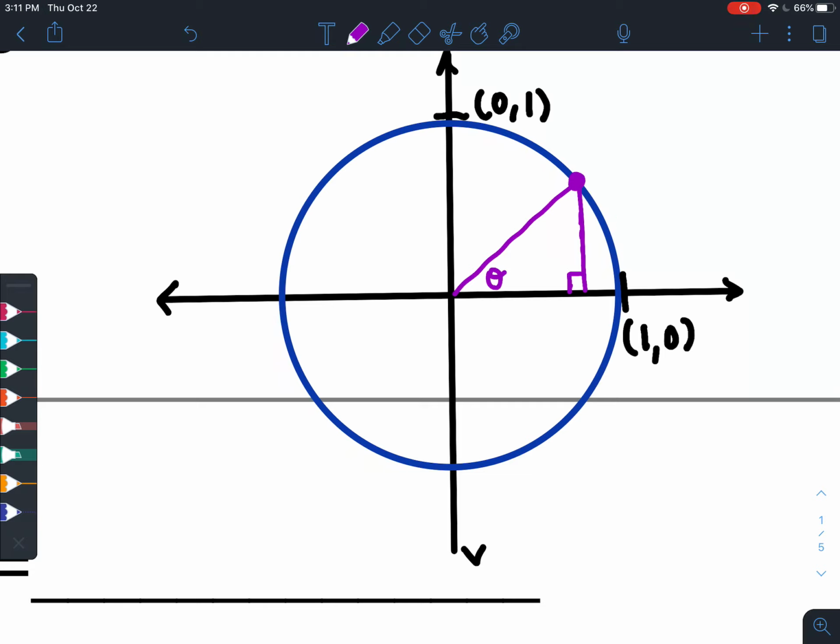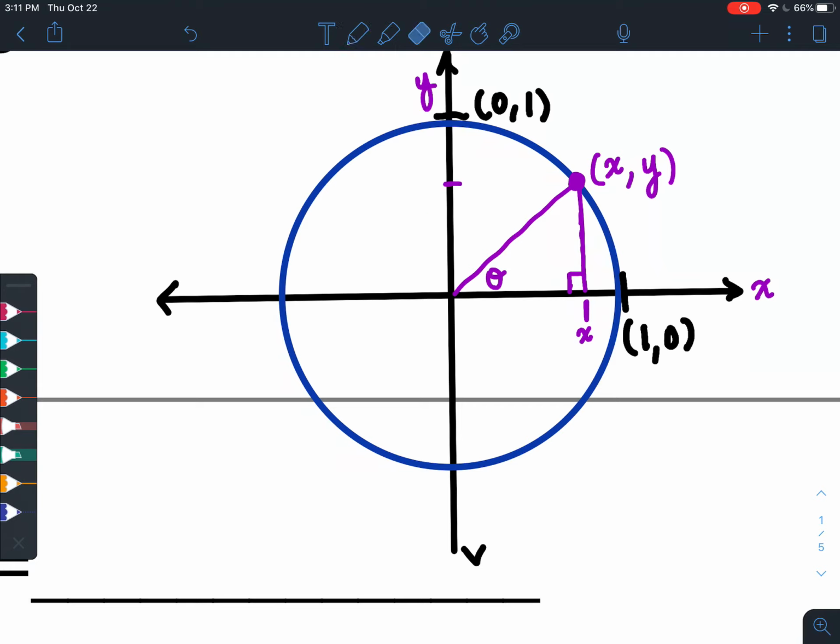So this point right here, if this is x and this is y, whatever this value is, this is going to be our x value for that point. And this point right here is our y value. So this point is always going to be x, comma, y.